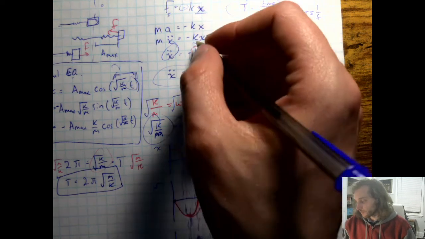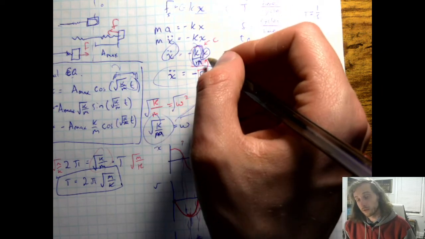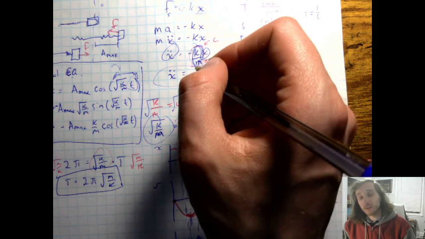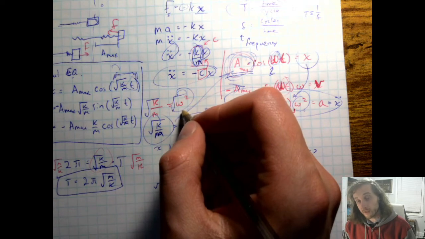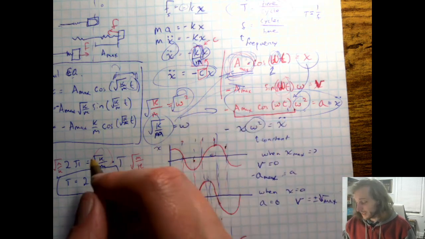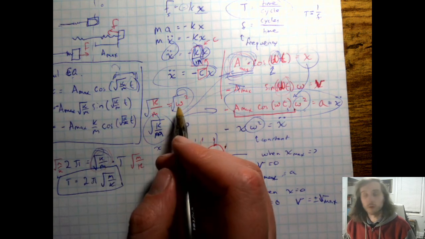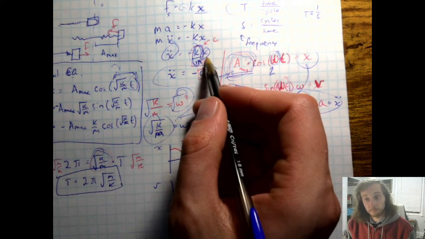Because of that, whatever was originally in front of your non-derivative form is going to be equal to your scaling factor from inside your sine or cosine function squared. Which means that your scaling factor will equal the square root of the stuff that's in front of your base function.